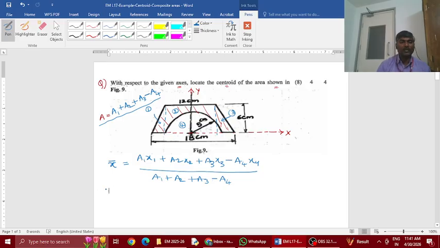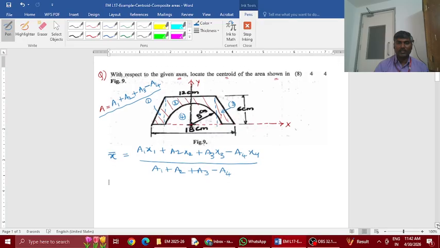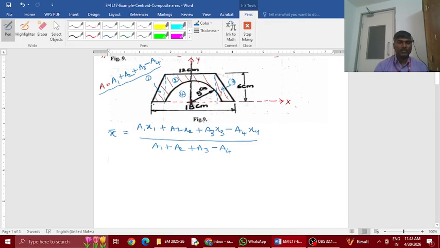Now let us formulate all these properties. What is A1, X1, what is A2, X2, and what is A3, X3, and A4, X4. Consider the first area. See here, this total is 18, where this I have dropped down. So this is 12.